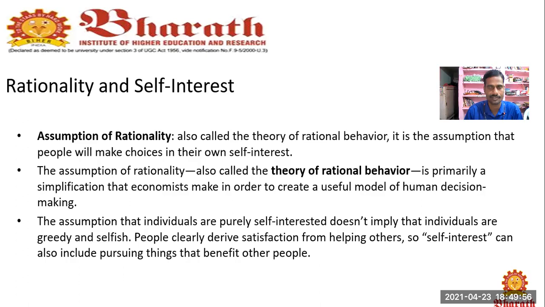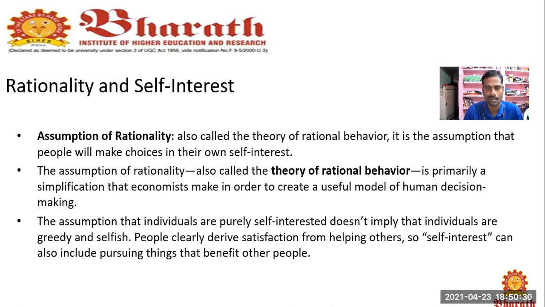Rationality and self-interest. Assumption of rationality. In economics, there is an assumption called rational behavior. Rational behavior means a person behaves like a normal human being. If price increases, he will buy more. He buys more, it means that he is in rational behavior.